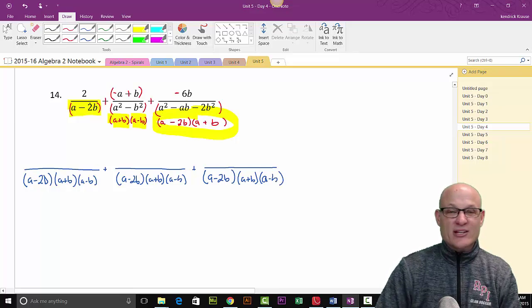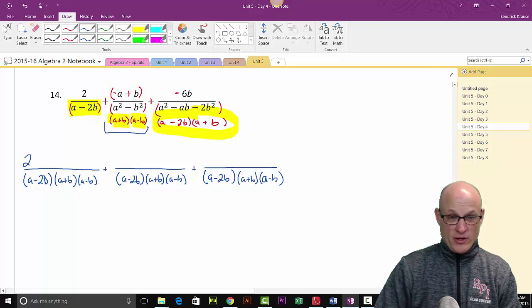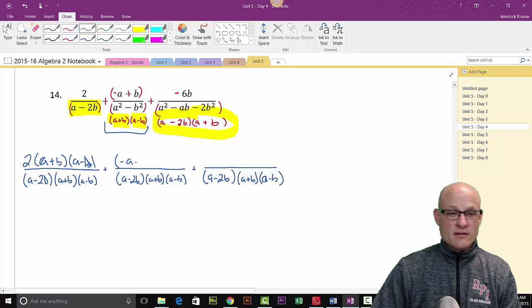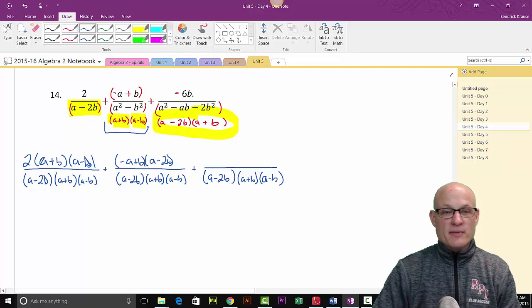So this one's missing 2. I'm just going to show you the work. It's missing both of these, a plus b, a minus b. This one's just missing the a minus 2b. And this one is missing just the a minus b.